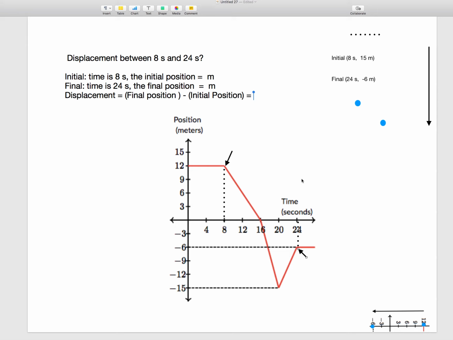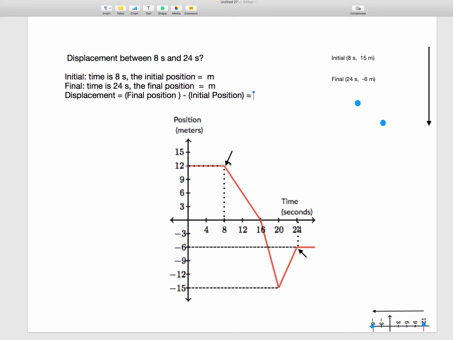Alright, so this point here on the graph has an x, or time if you want to say, of 8 seconds, but what is the position for it? So what is the y for it? For that, I also have to extrapolate, or go perpendicular to the y-axis until it hits the y-axis, and then I read this data here.